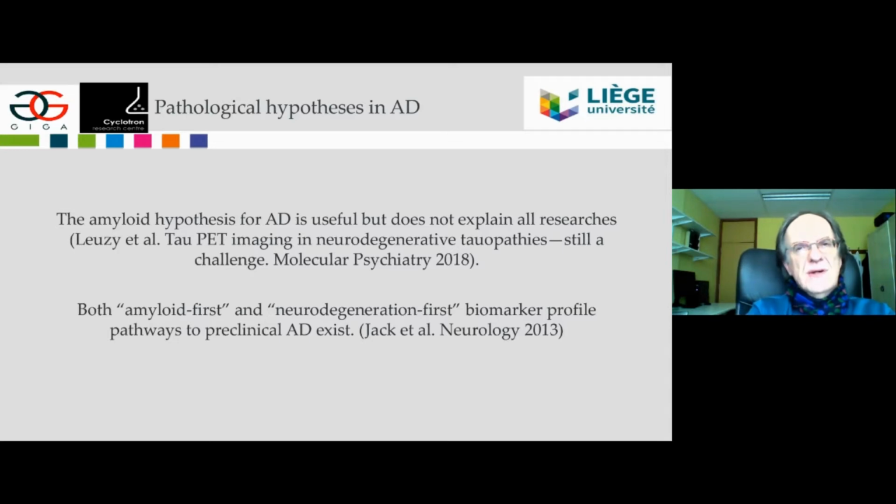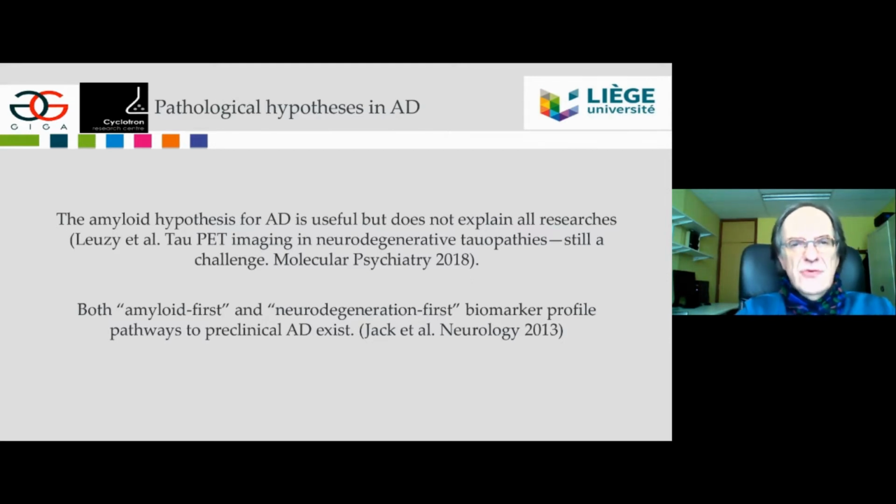But another remark was quite interesting, telling that in wide groups and wide samples of patients, there may be an amyloid-first biomarker profile, but sometimes neurodegeneration comes first as well in preclinical Alzheimer's, so in very early phases.